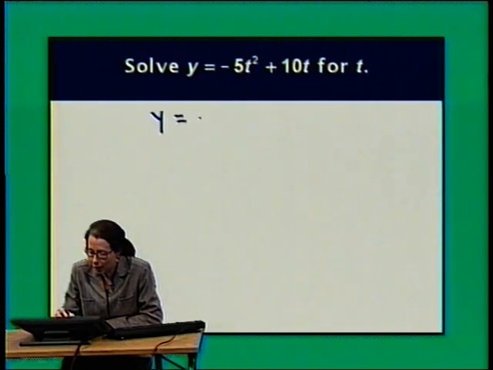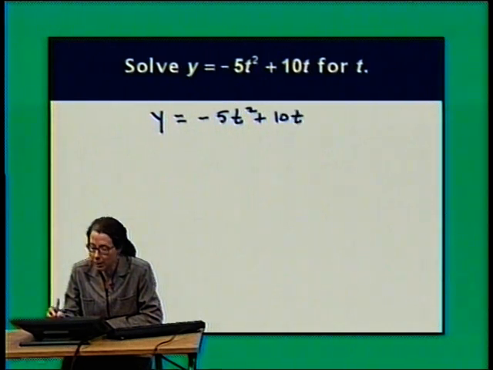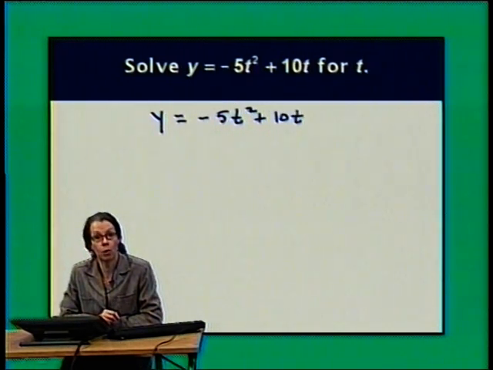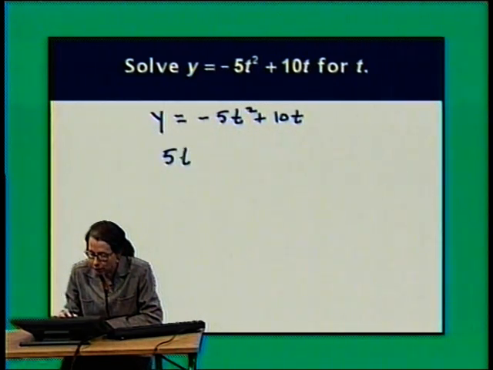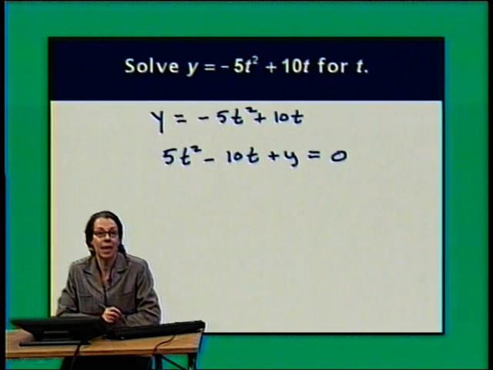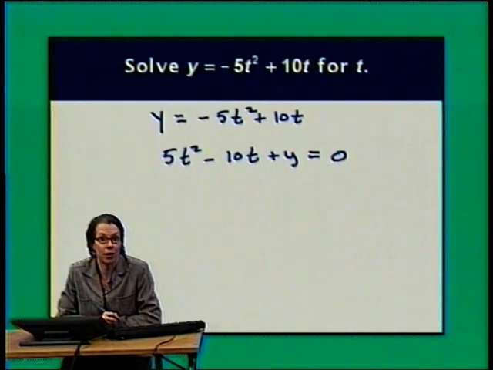So I have y equals negative 5t squared plus 10t. When I solve a quadratic equation, either using the quadratic formula or by factoring, I need to have 0 on one side of the equation. So I'm going to add 5t squared to both sides, subtract 10t from both sides, and now I have a quadratic equation in t.